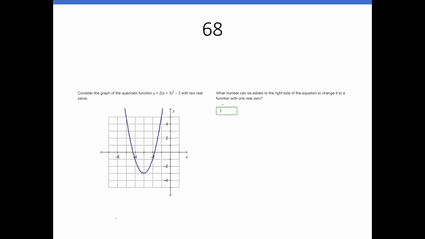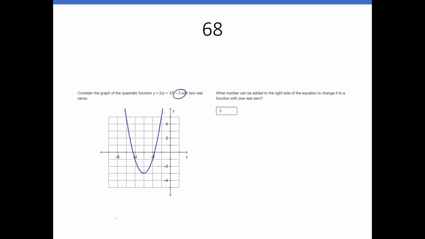Number 68. Take a moment and read it. Okay, so what number can be added to the right side to change it? It's the same thing.